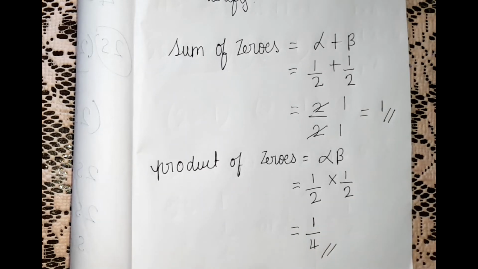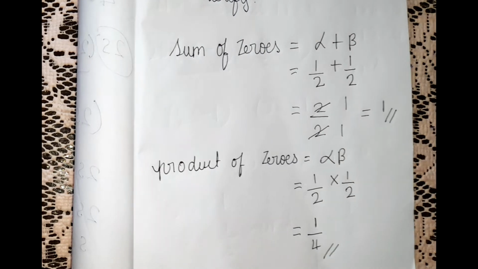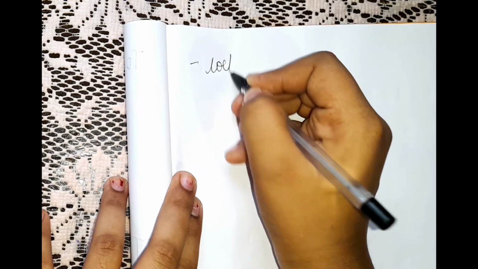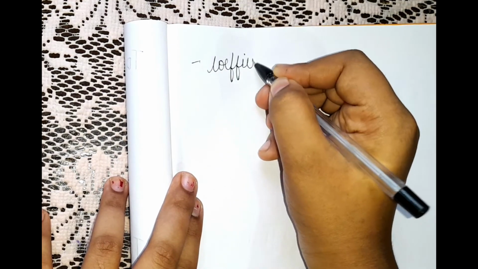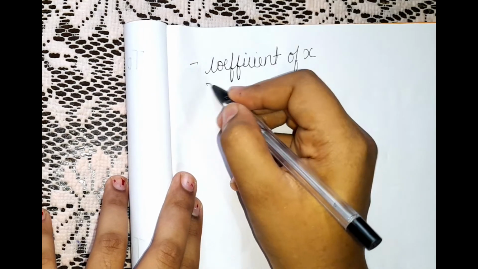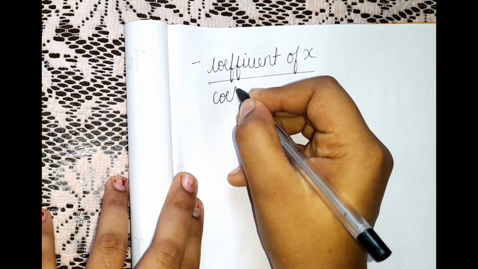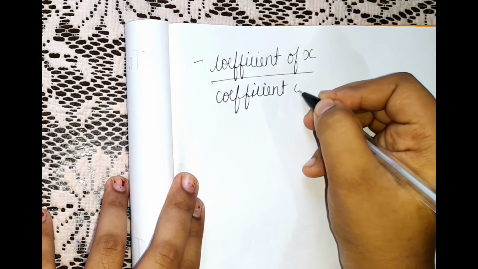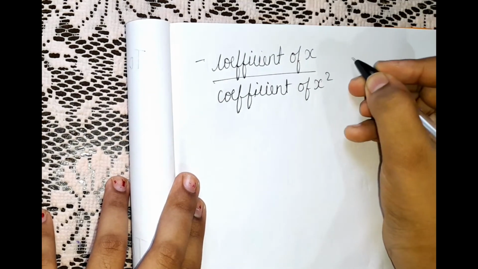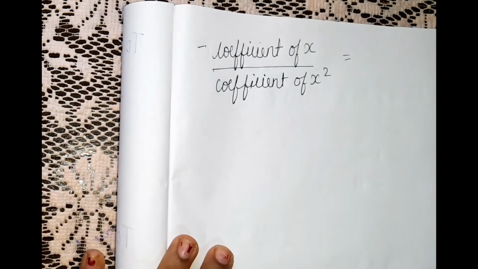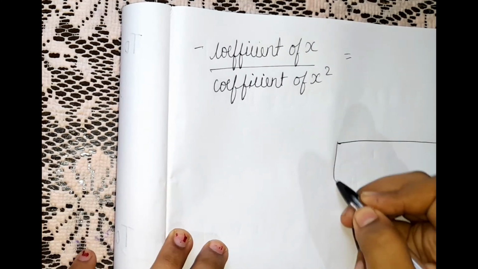Okay, now we are going to be finding its coefficients and constant term, okay. So now let's write minus coefficient of x divided by coefficient of x square, okay. So is equal to. Do you guys remember the question? So the question was, let me just write it.